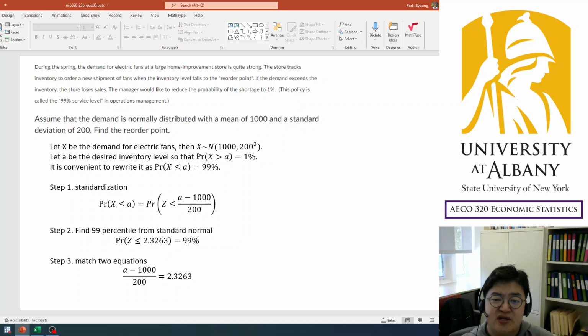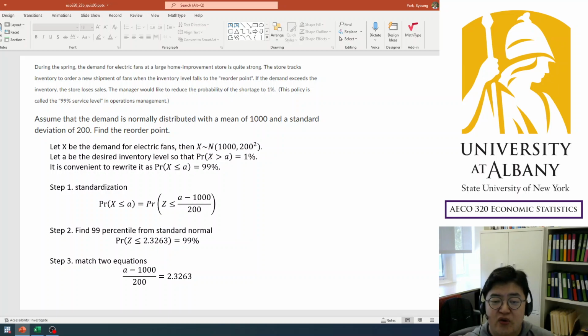Here, this is how we set up the inventory level, but I am going to rewrite that probability this way because this is a cumulative probability, so later it will be much more convenient to handle.